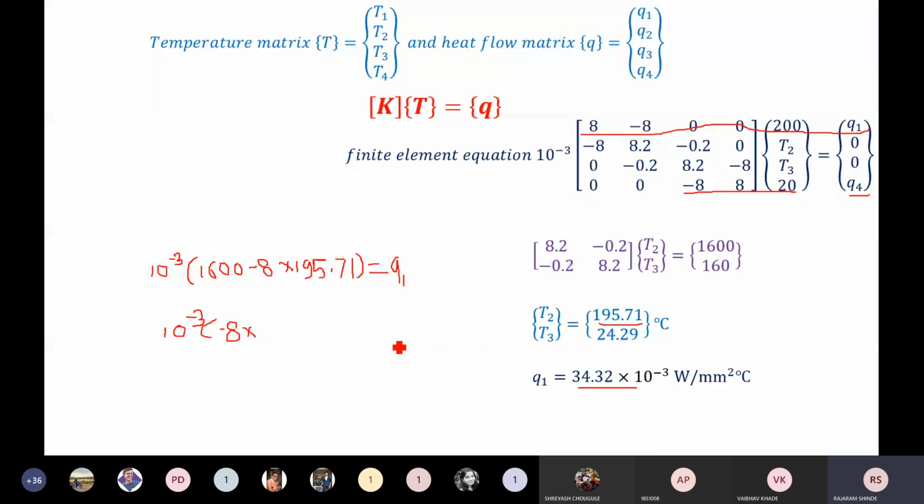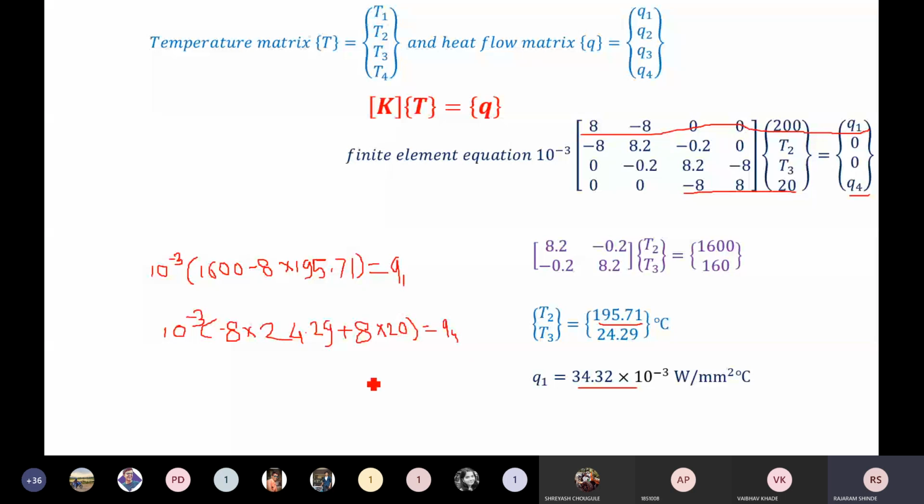T3 is 24.29. 24.29 plus 8 into 20, that is equal to Q4.